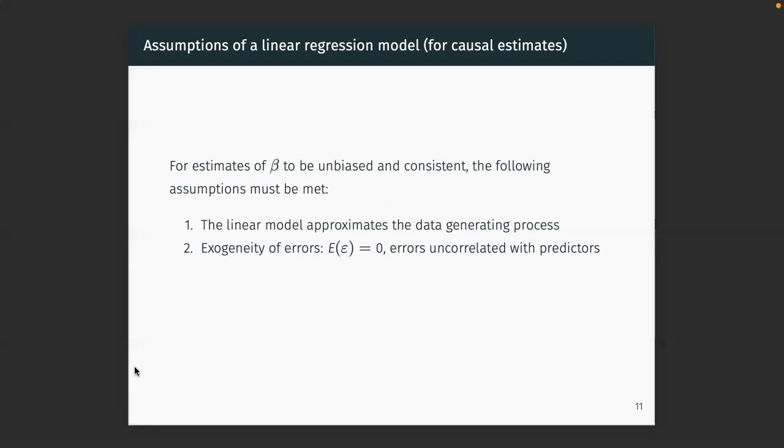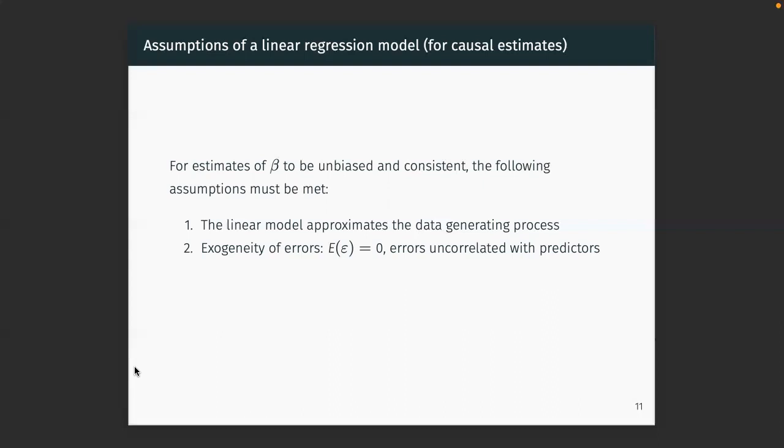But sometimes the extent to which our guess is wrong is correlated with the value of our predictor. Sometimes we might be more wrong for high numbers than we are for low numbers, right? On X. If that's the case, we have endogenous errors.